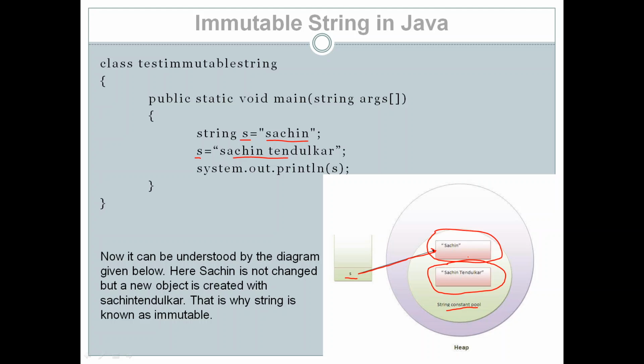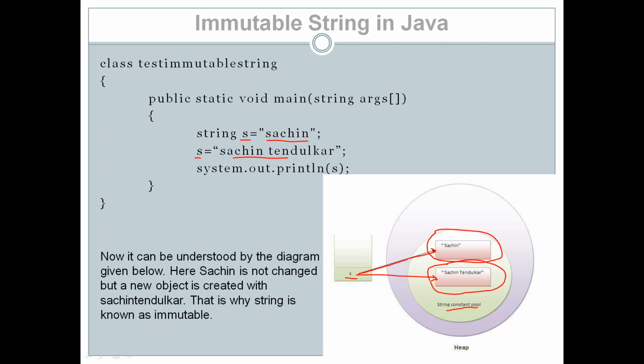That is why strings are called immutable. The new object is created here, and s, which was pointing earlier to Sachin, now points to this new object, Sachin Tendulkar. That is why strings are called immutable.